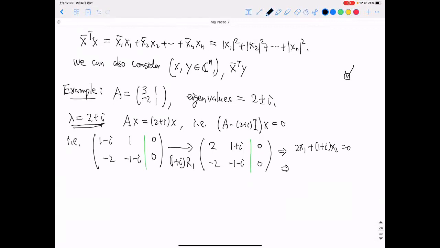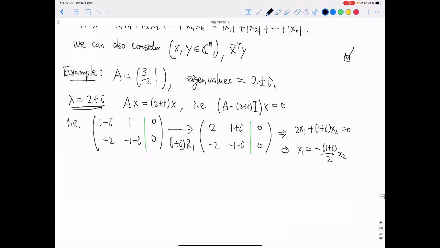This means that x1 is negative (1 plus i) on 2 times x2, and x2 is still x2. So the vector x is now x1, x2, that's negative (1 plus i) on 2 times x2, x2.